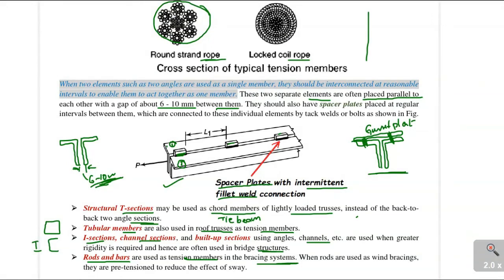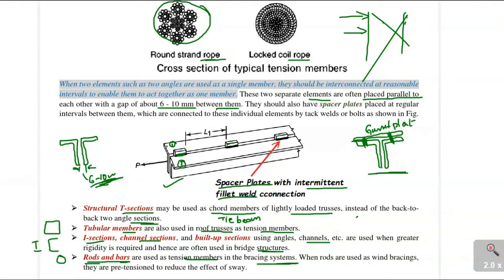As I told you, we use this bracing system to give rigidity to the frame structure, to the building, against lateral forces. When lateral forces are acting and we need to give this rigidity to the frame, we have to put in these bracings, and these bracings can be angle sections, but in most cases in industrial structures we use these rods or bars of circular cross section.